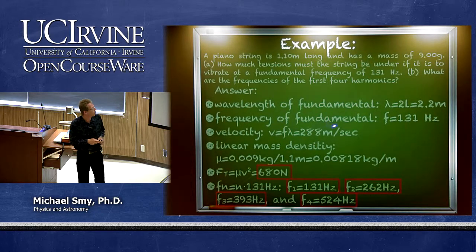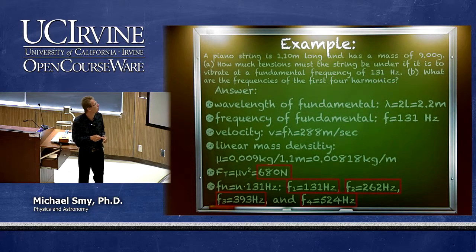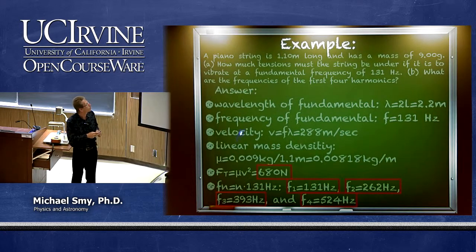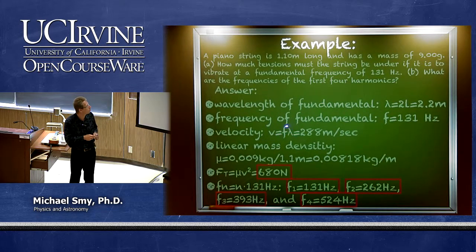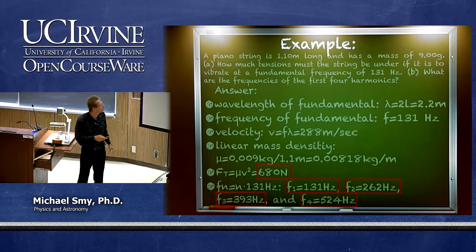We, of course, also know the frequency of the fundamental mode because it's given, it's 131 hertz. And from those two, we can find the wave velocity, because that is, as usual, the product of frequency and wavelength. So if we multiply those two numbers, we get 288 meters per second.